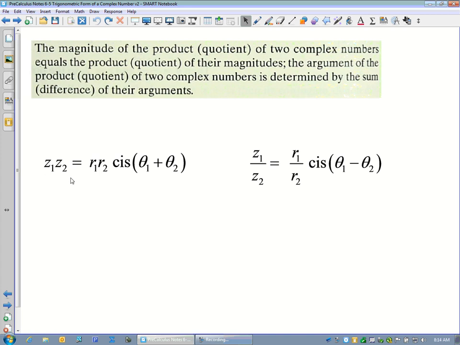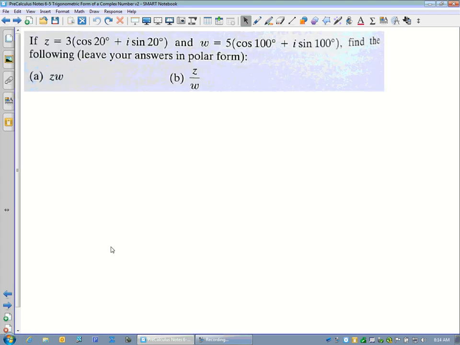So z1 times z2, you're multiplying their respective radii, or their magnitudes, and you're simply adding the angles together. When you're doing division, you divide the magnitudes and you subtract the angle. So just like the laws of exponents or the logarithmic rules, notice how multiplication is associated with addition and division is associated with subtraction. All right, so let's see some examples of these, of course.